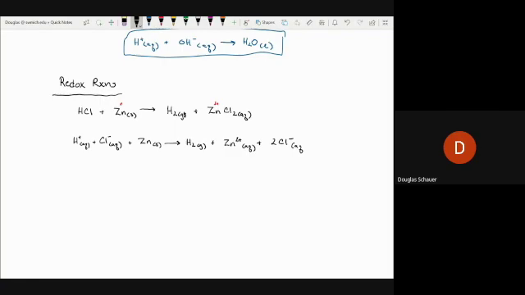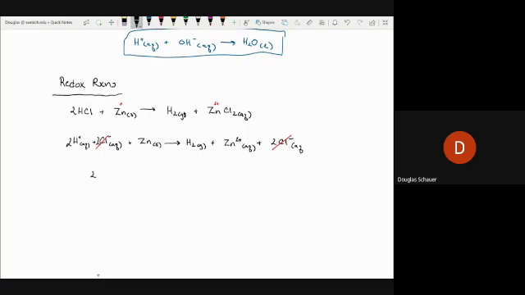Okay, so in order to have balanced this equation out, we would have needed to have a 2 in front of the HCl, which would have given us 2 H's and 2 Cl's. Okay, we can see that the 2 Cl's don't do anything during the course of the reaction.